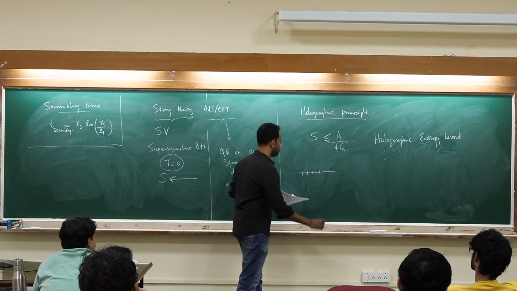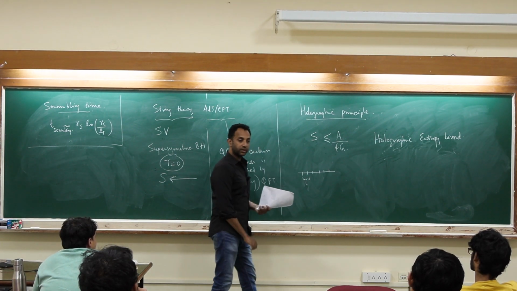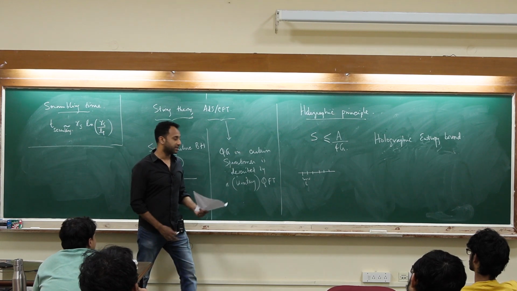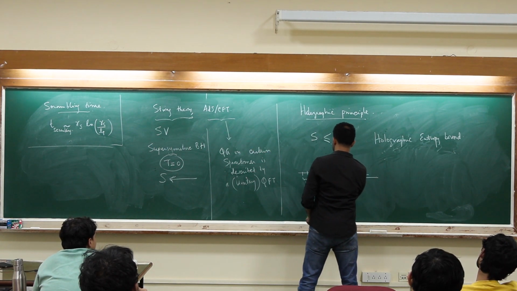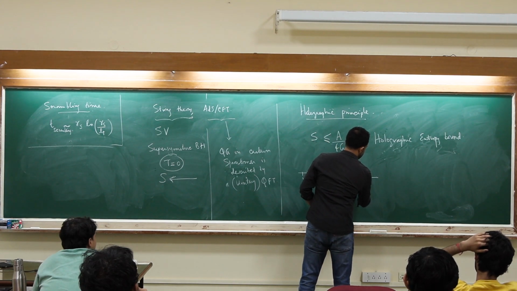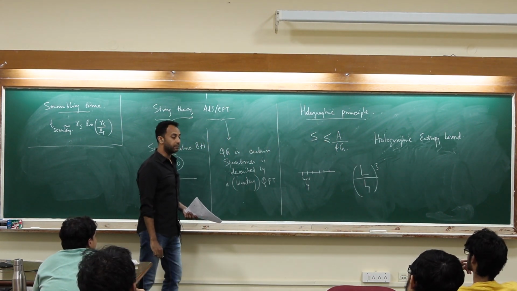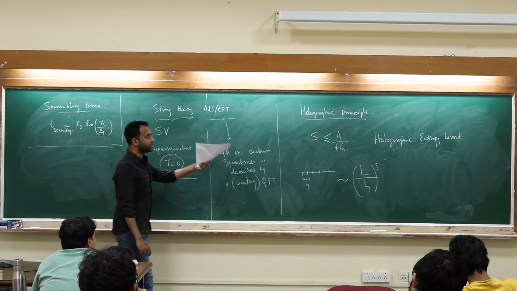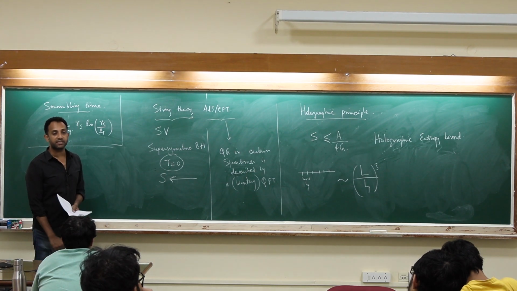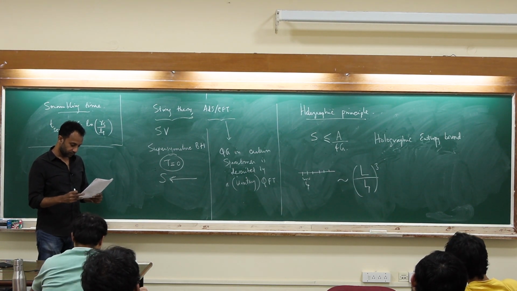Let's say you cut it off at some length scale LP. If you take a length of size L in 3 spatial dimensions, this is what you would expect for the number of degrees of freedom. It would scale like this. But that is not what happens here, and this is what is surprising about the holographic bound.